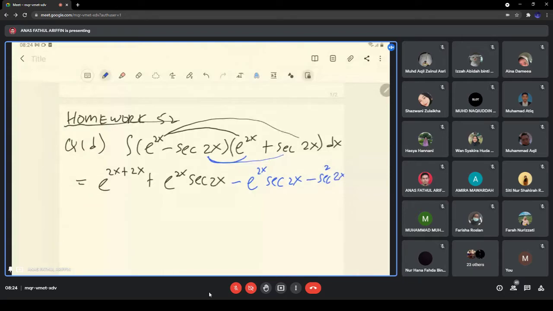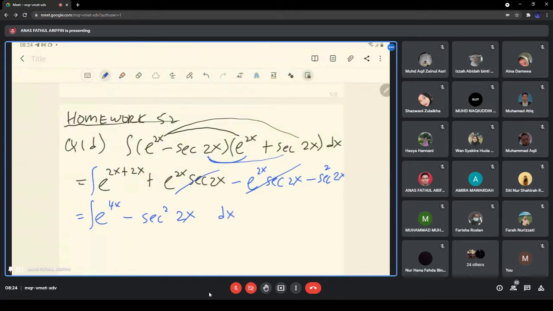And then dx ada kat belakang. And then kita simplify. Okay, simplify this one, we have e power of 4x and then minus second 2 power of 2, and then 2x, and then dx. Don't forget to write the integration first.